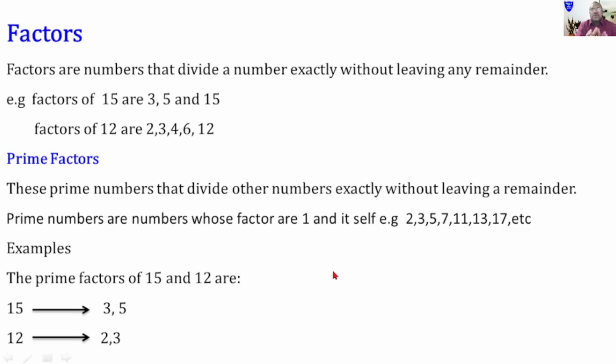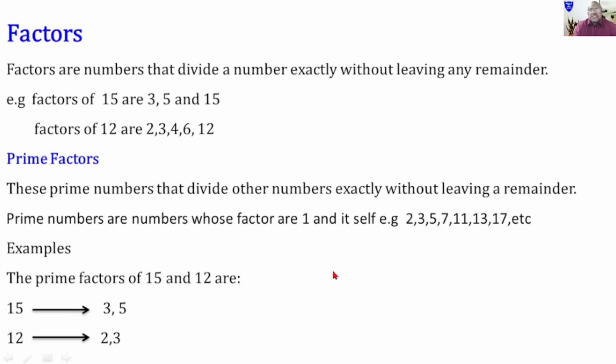Now, if you understand what a prime number is, you should be able to find the prime factors of a number. Prime numbers are those numbers whose factors are only 1 and itself. What that means is it's a number which is divisible exactly by 1 and itself.